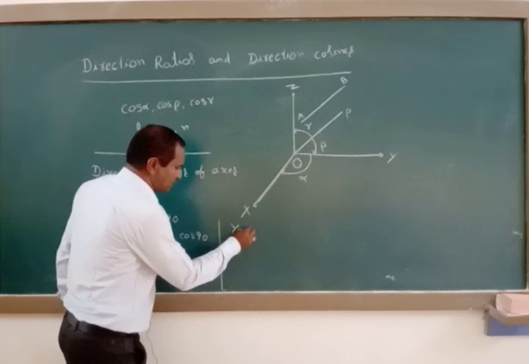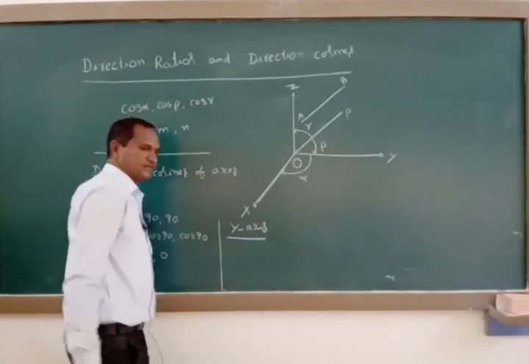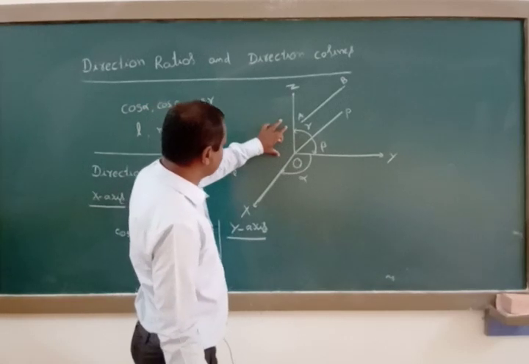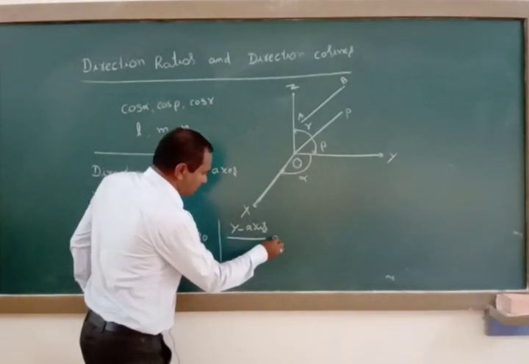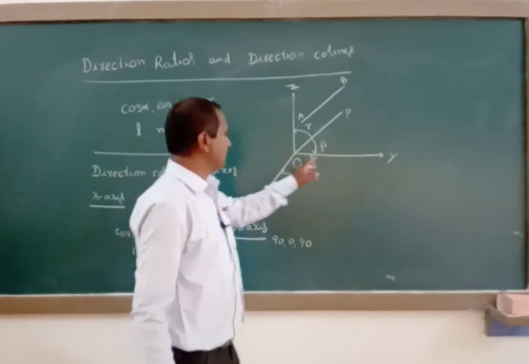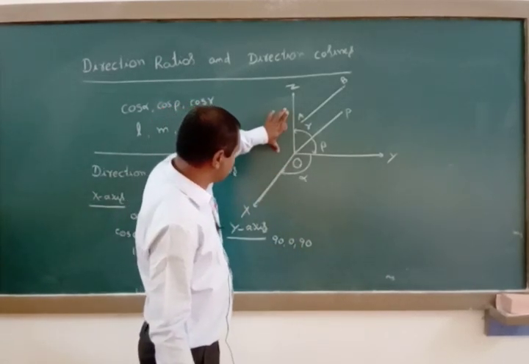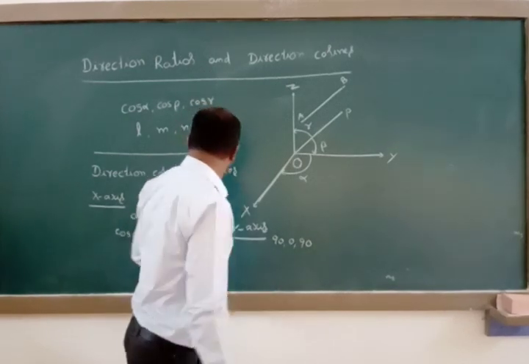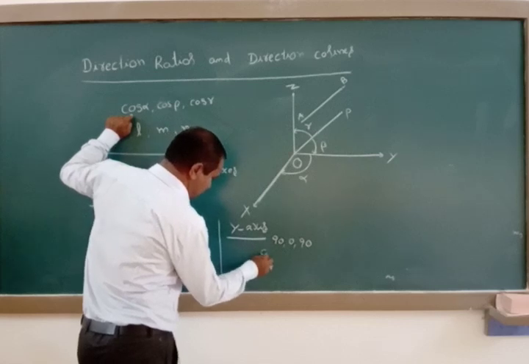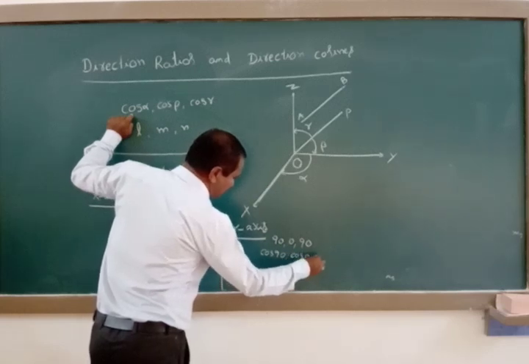Now the y-axis. What values do we get for its direction cosines? The angles made by the y-axis with x and z are 90, 0, 90, because the angle with the y-axis itself is 0 degrees and it is perpendicular to the x and z axes. Applying the cosine function: cos 90, cos 0, cos 90.